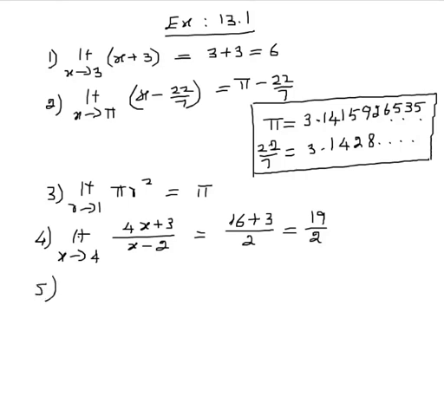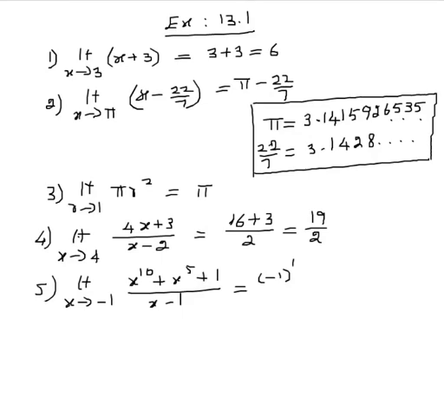Question number 5. Limit x tending to minus 1 of x power 10 plus x power 5 plus 1, divided by x minus 1. Check the denominator. Minus 1 minus 1. It doesn't become 0. So let us apply the limit value directly.